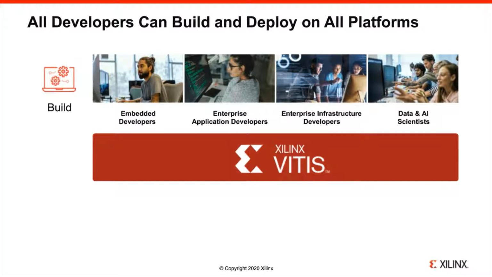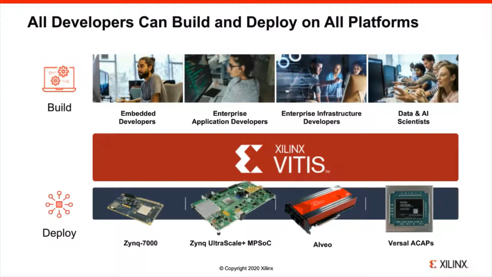It offers a unified design methodology and a unified programming model for developers with little or no prior FPGA expertise. With Vitis, you can target a broad range of Xilinx platforms, starting with Zynq 7000, Zynq UltraScale+ MPSoC, PCIe-based Alveo accelerator cards, and even Versal ACAPs.